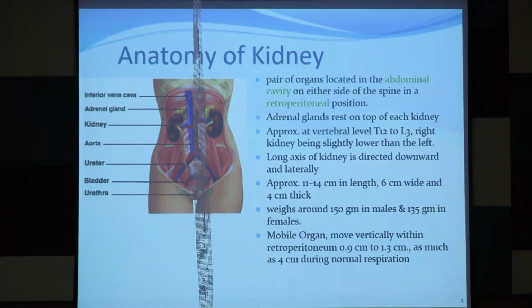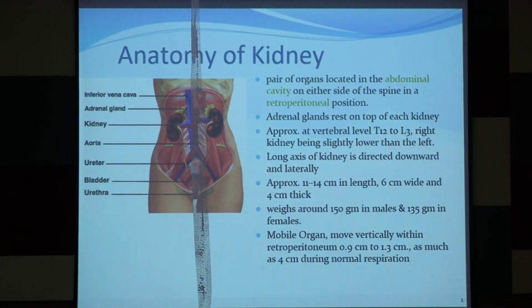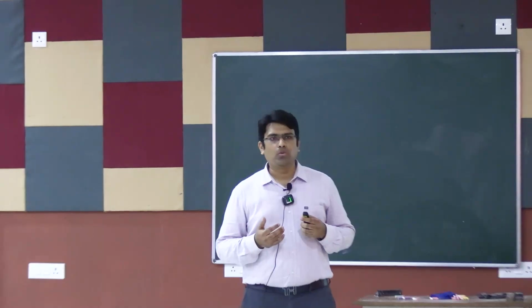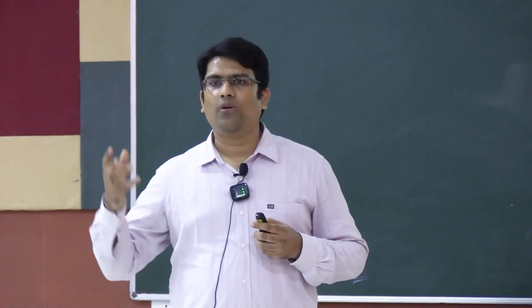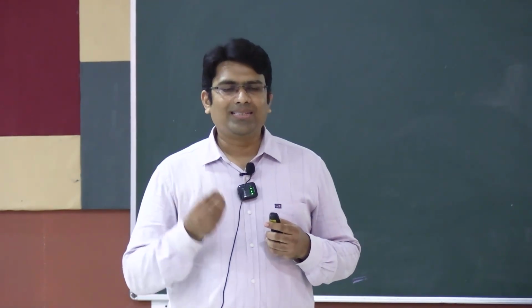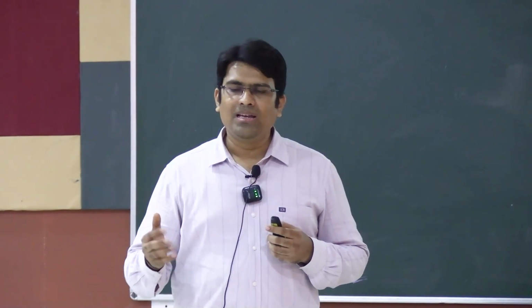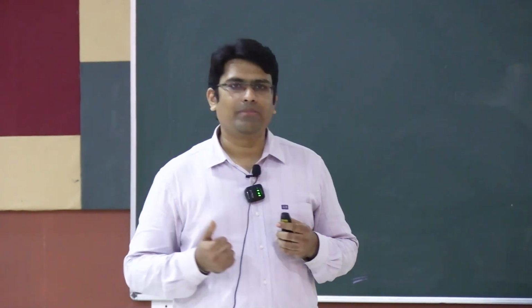This kidney is actually a very vital organ in our body. It is receiving around 20% of the cardiac output, and it has a variety of functions to do. The main important thing is the filtration of all the waste products, excretion of them outside the body, and reabsorption of all the required material.